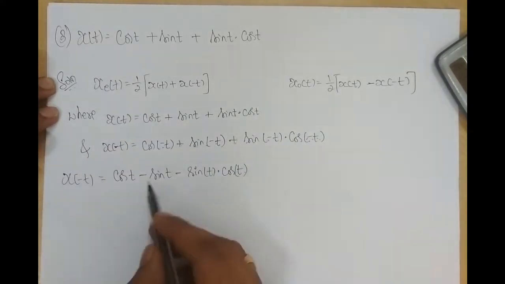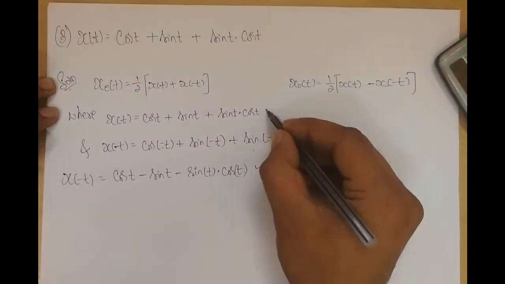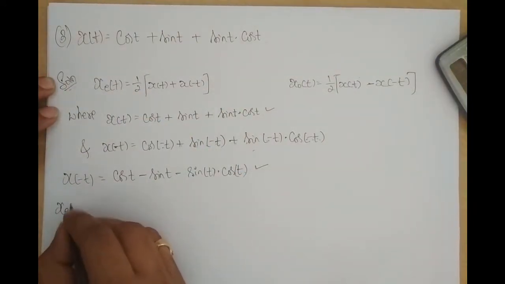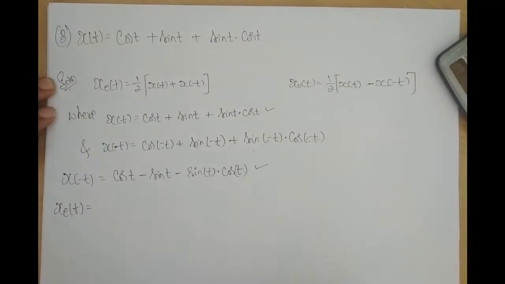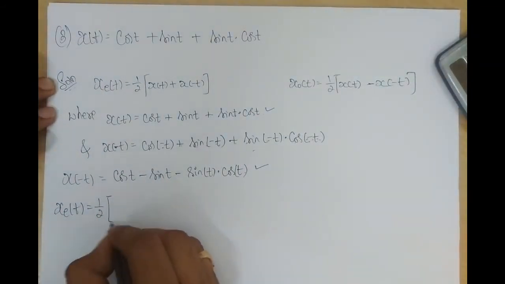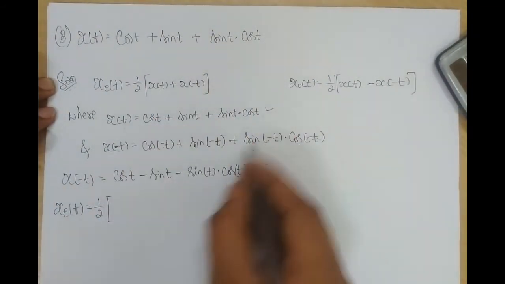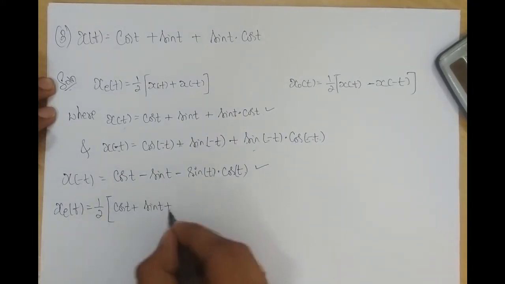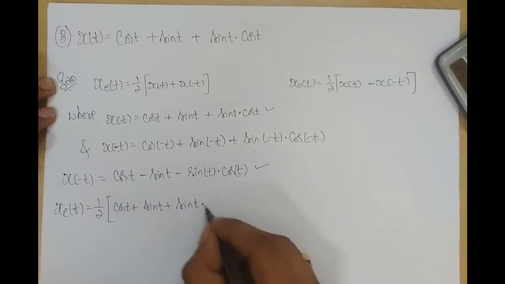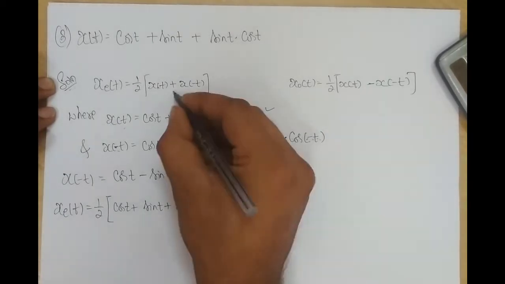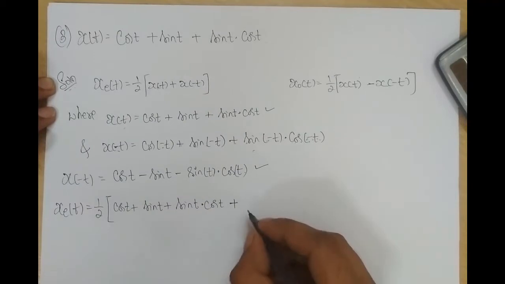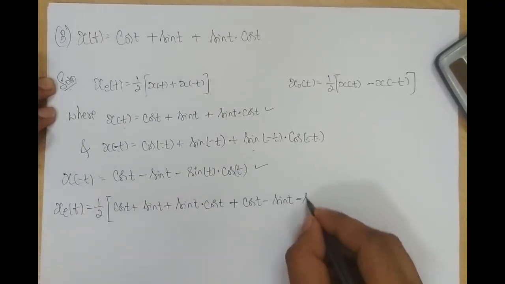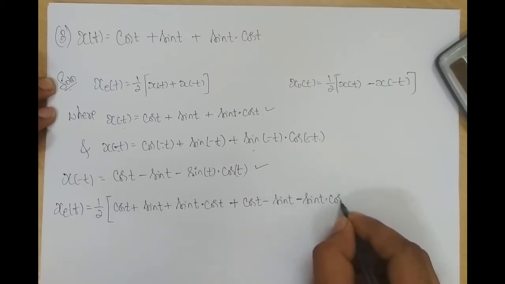Now we shall plug these two equations, x of t and x of minus t, into these two formulas. So the even component of t is 1 by 2 times x of t, and x of t is cos t plus sin t plus sin t cos t, plus x of minus t, which is cos t minus sin t minus sin t into cos t.